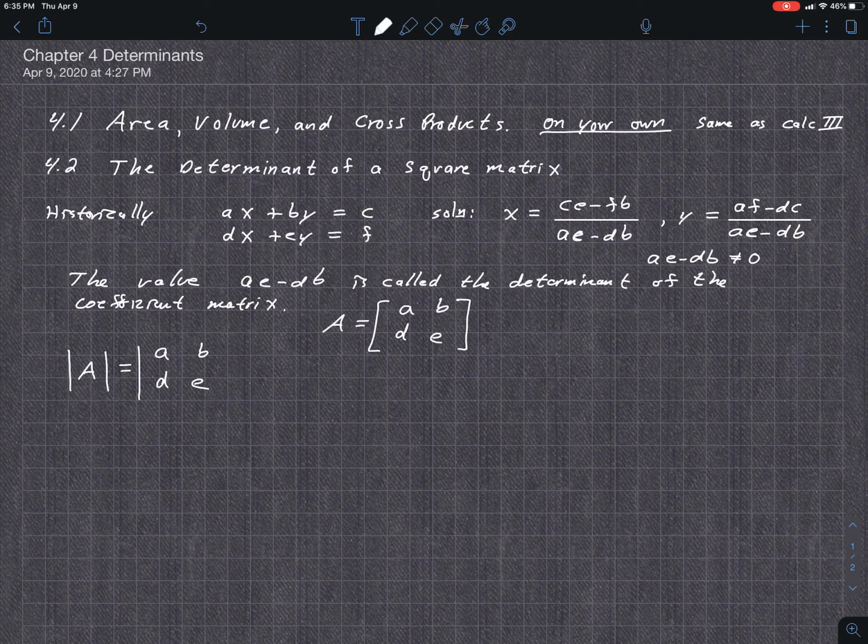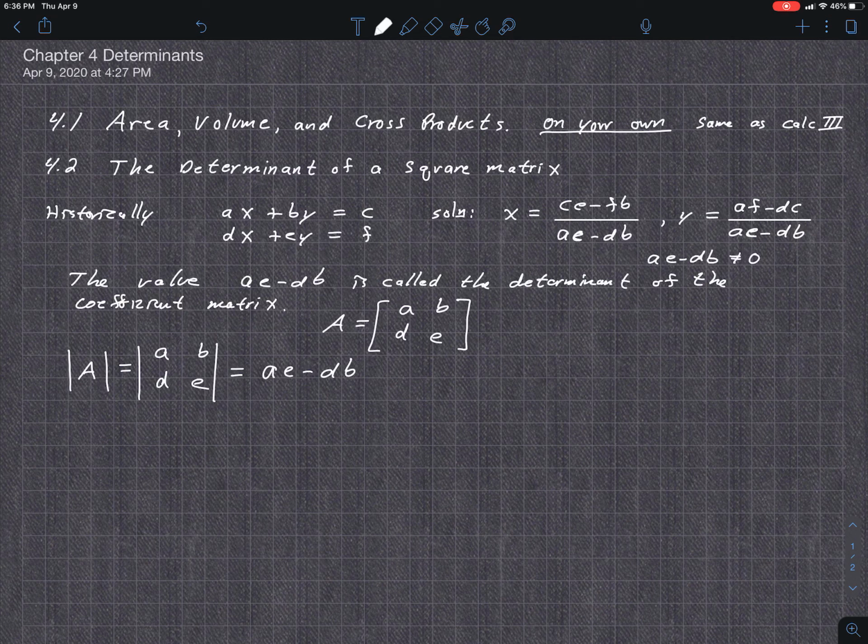We say that the determinant of A is equal to the determinant of A, B, D, E. And you multiply basically across, A times E minus B times D. So you get AE minus DB.